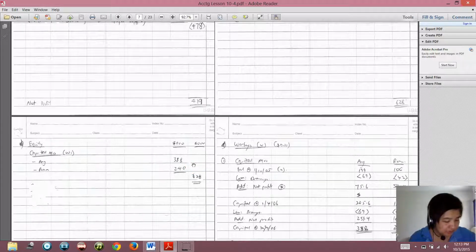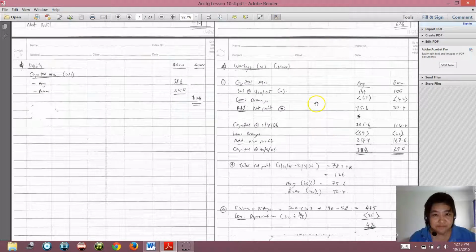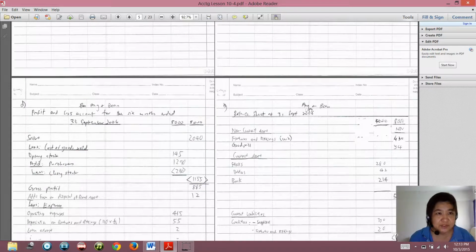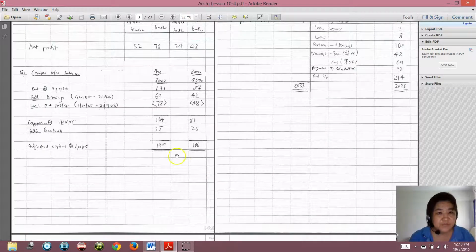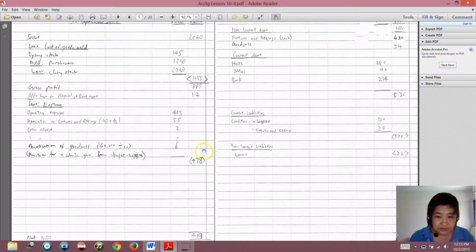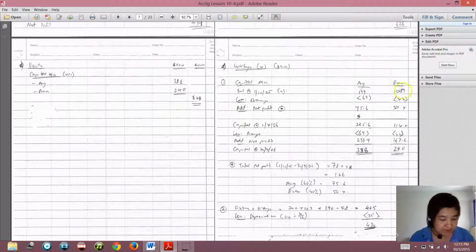So now, this one is equity capital. They did not do a current account during the period, so everything is put in the capital account. That is what the question implies. Okay, so capital at 1st October 2005 is 199 and 106, which is what I calculated in part A of the question.